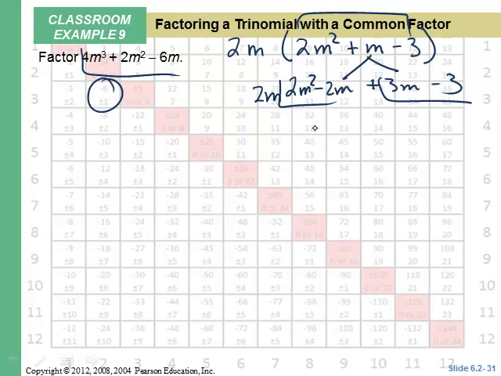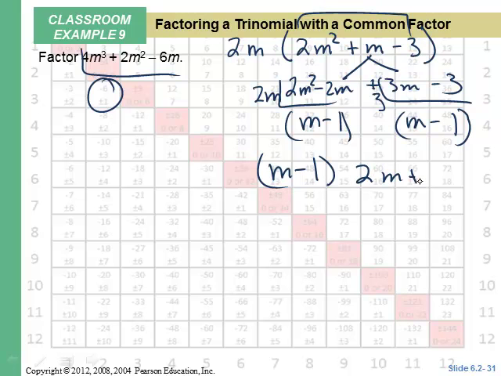Factor 2m, and you're left with m minus 1. Factor 3, you're left with m minus 1. So we have m minus 1, 2m plus 3, and 2m. Don't forget the 2m that we factored out front at the beginning.